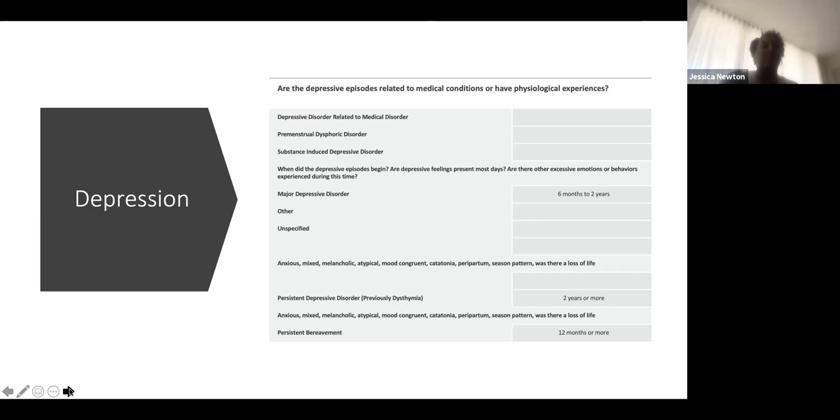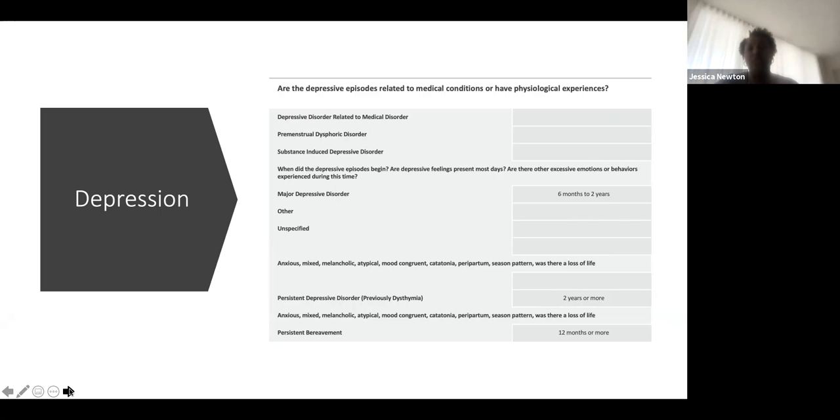So when we look at anxiety, we're really looking at the source of the stress. With depression, once sadness has been established, we're really looking at what has been the time frame. And the time frame will push us between the different diagnoses.